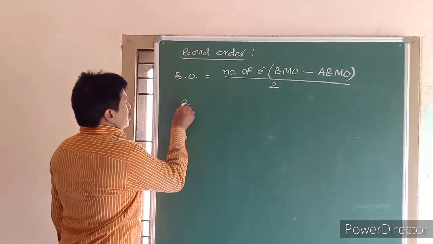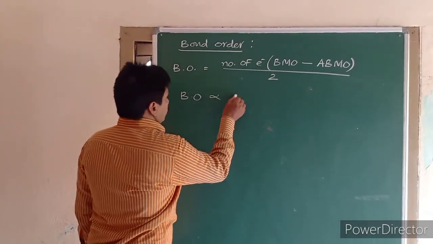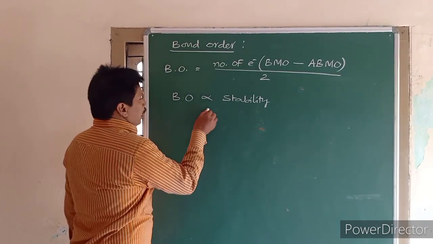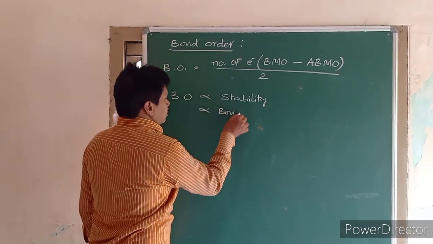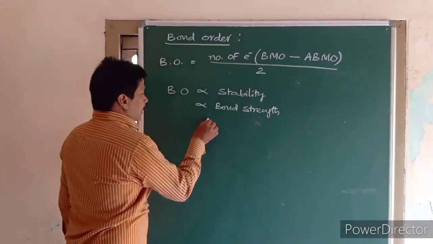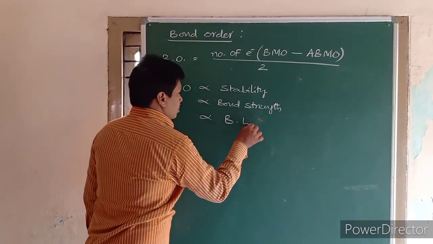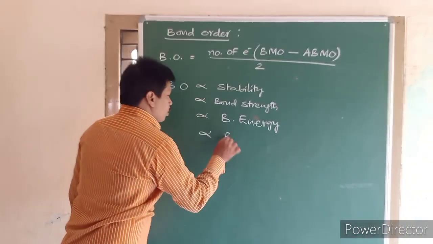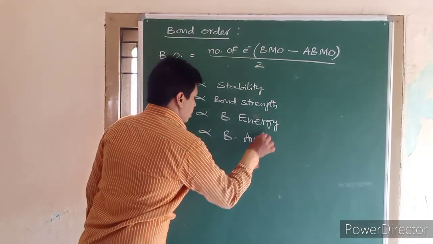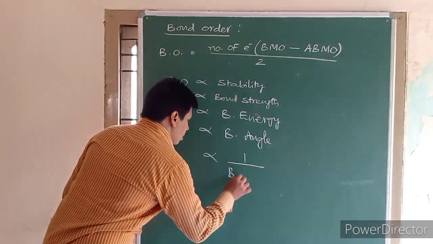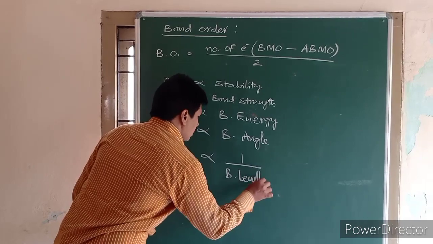Bond order is directly proportional to the stability of a molecule, and also directly proportional to bond strength, bond energy and bond angle, and inversely proportional to bond length.